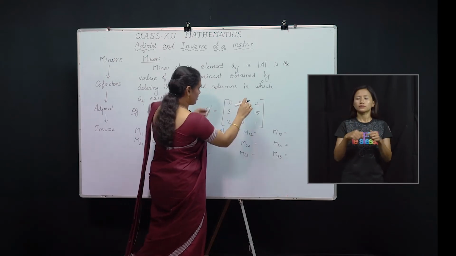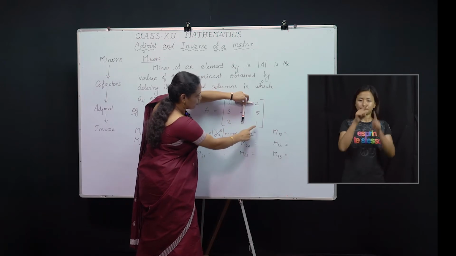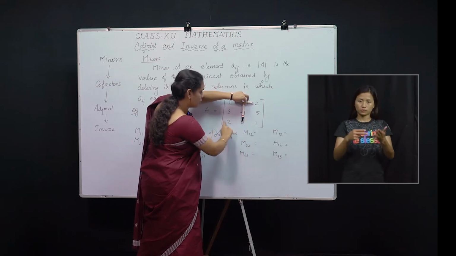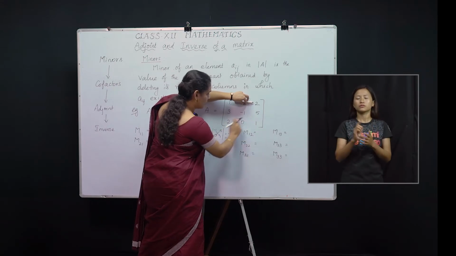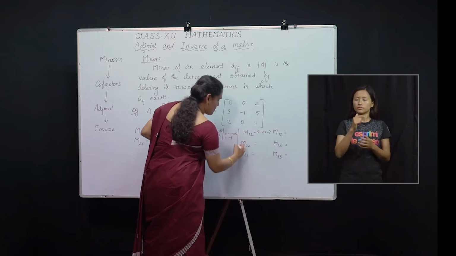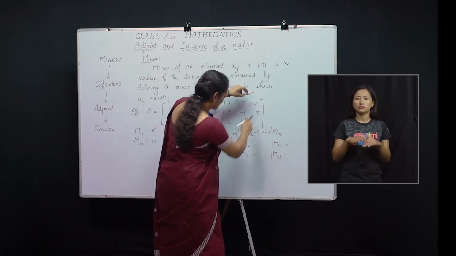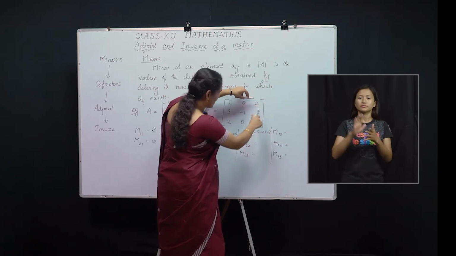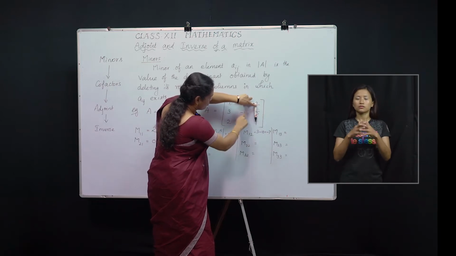Then M12. Now for this element, we delete this column and row. And here we have these 4 elements. Then we will find the determinant of this 2 by 2 matrix. So 3 into 1 is 3, minus 10, that is minus 7. Then for this element, we will delete this row and column, we get this 2 by 2 matrix.